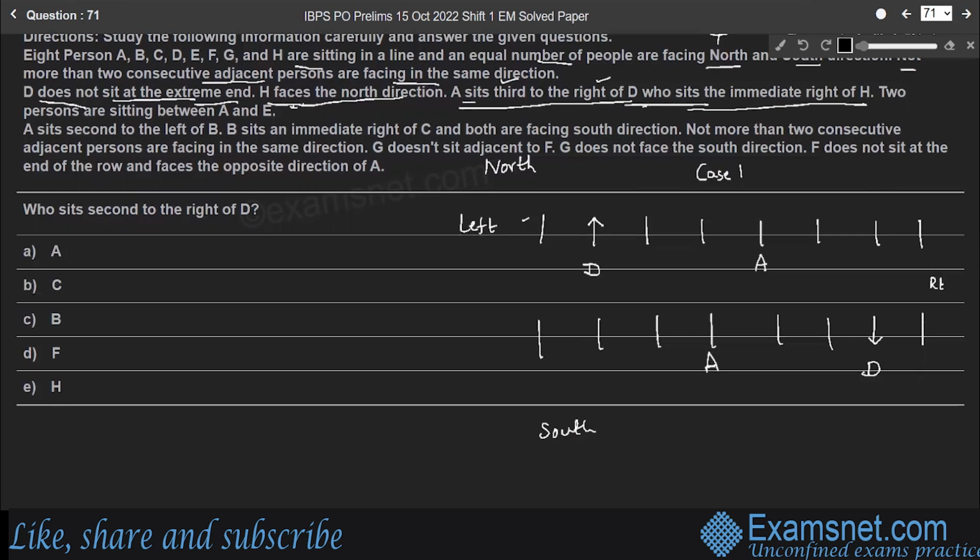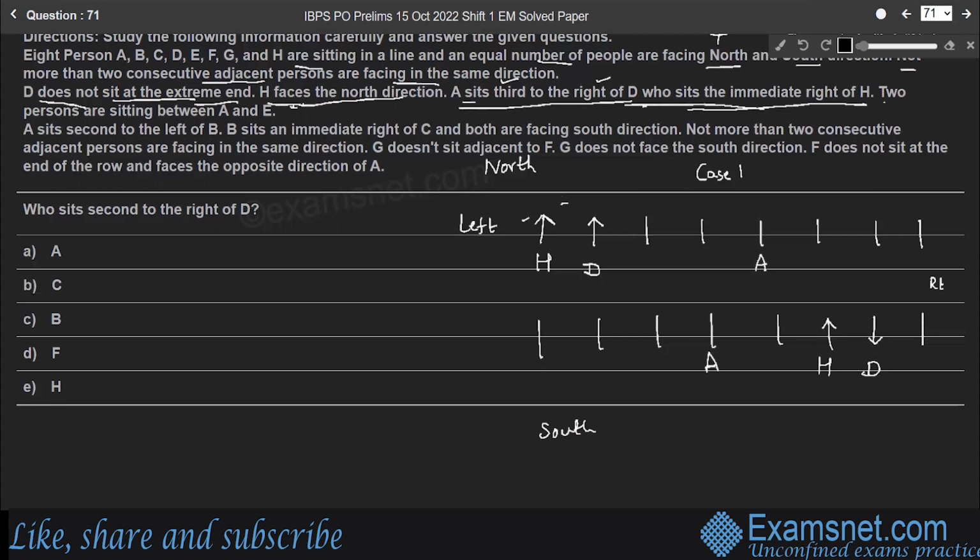D sits at the immediate right of H, and H is facing north. Therefore, in case 1, to the immediate right of H, D is sitting. Consider case 2. Since H is facing north, to the immediate right of H, D is sitting. These two conditions got satisfied.